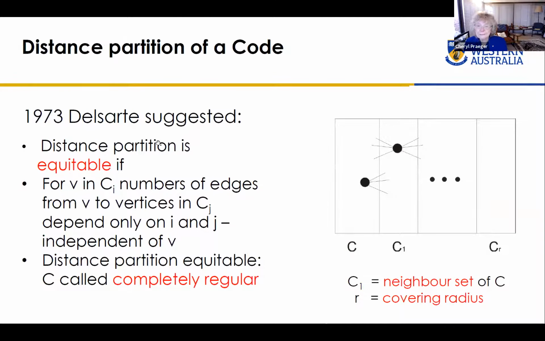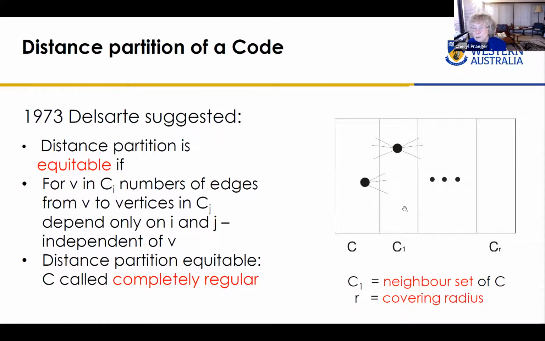So Delsarte suggested that we should think of the distance partition determined by a code in a graph. This is a picture of the vertex set of the graph. Here I've got all the code words, and next to it I'll put all of the vertices which are not code words but joined to some code word. So that's all the neighbors.